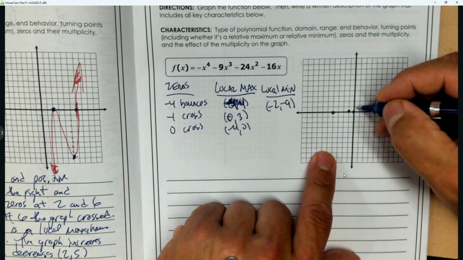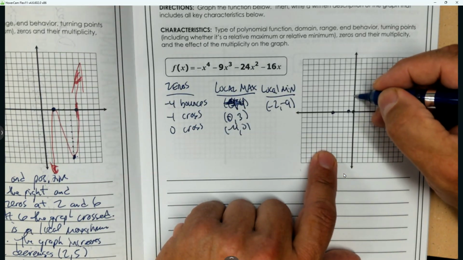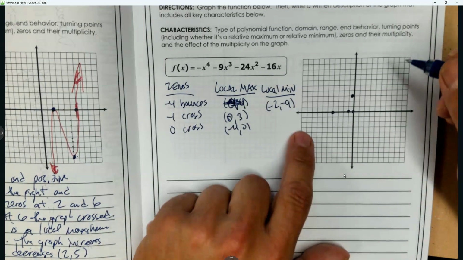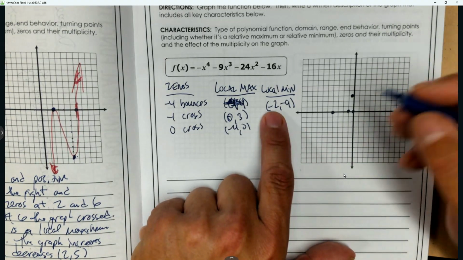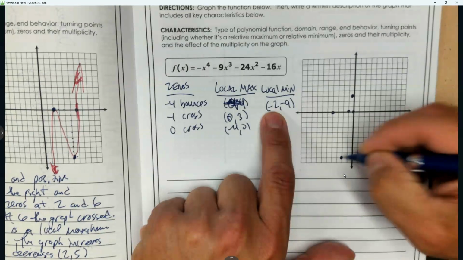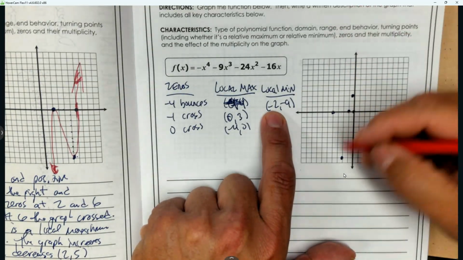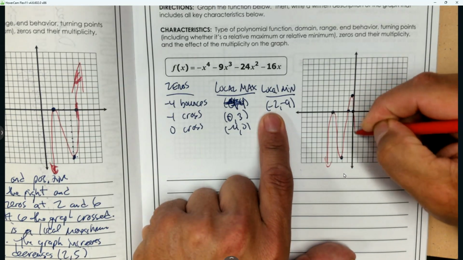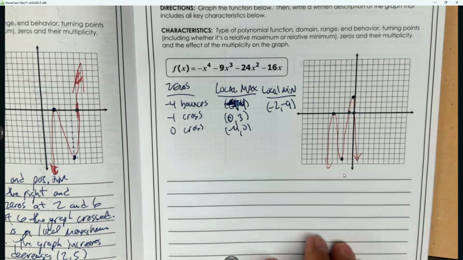And 0, 3. It's really just before it. Then we have a minimum at negative 2, negative 9. And now I'm going to connect this all. So it bounces, and it crosses, crosses, and then down. So that's what the graph looks like.